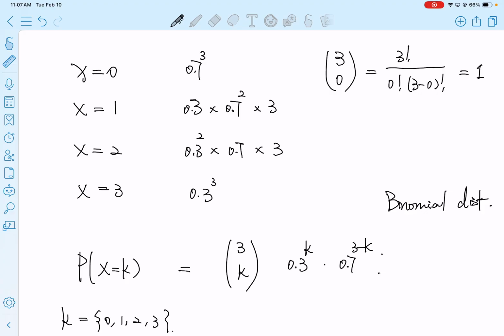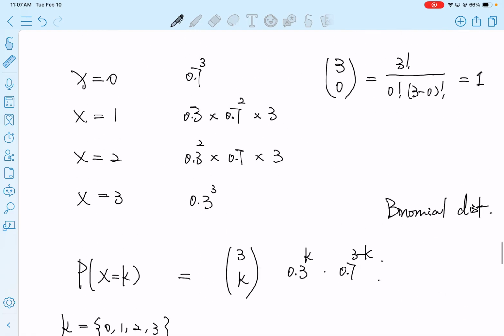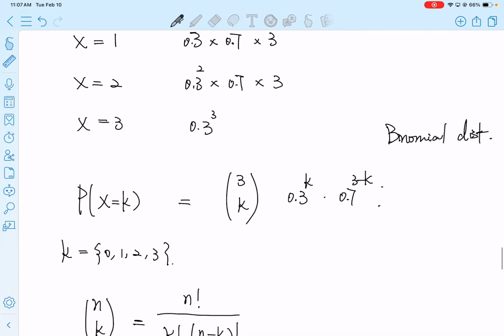That particular binomial coefficient will handle that part by collapsing some of the outcomes. For example, here we have 3 and collapse into 1 case. And then multiplying by the corresponding probability, we have the probability mass function to describe how many heads we can get when flipping 3 coins.